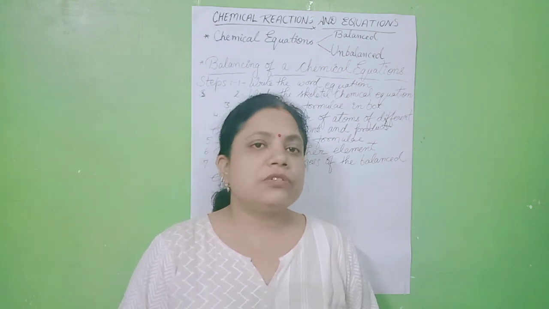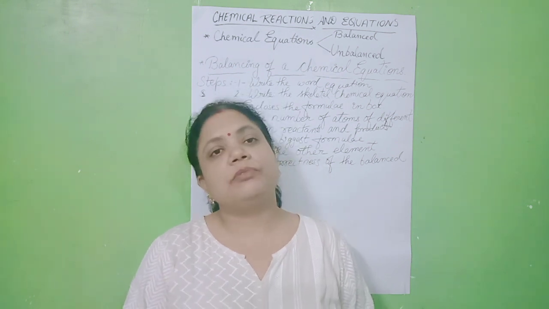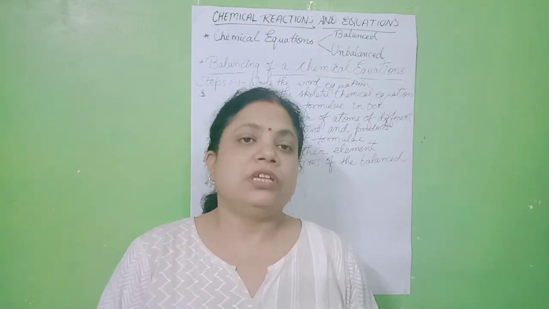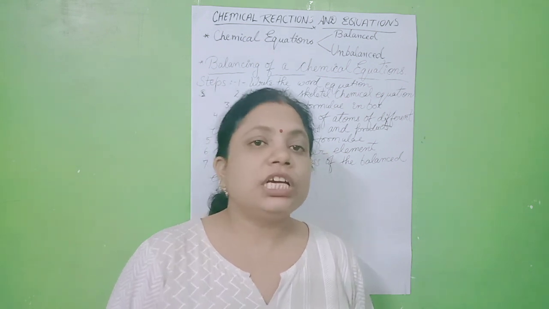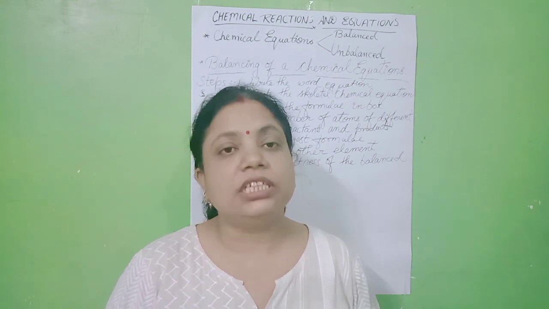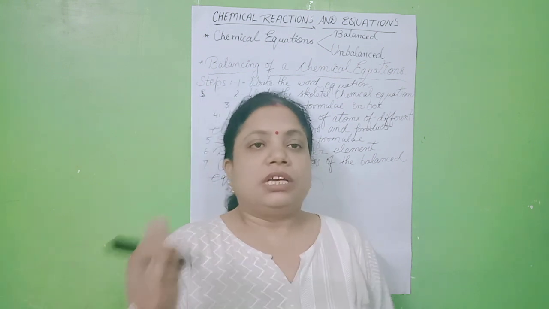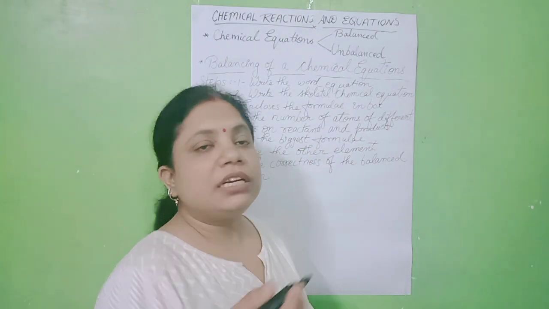A chemical equation, students, can be in terms of a word equation and it can be in terms of symbols and formulas. Students, a word equation means when we write the chemical reaction in words. Suppose I say the reaction between carbon and oxygen.